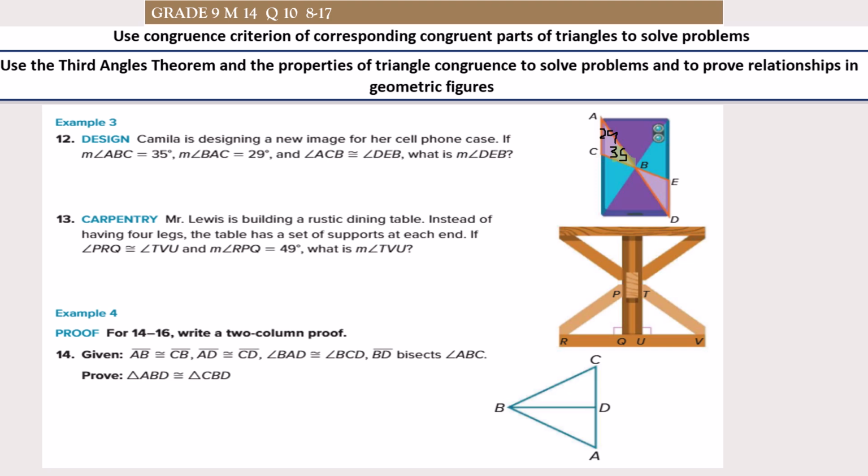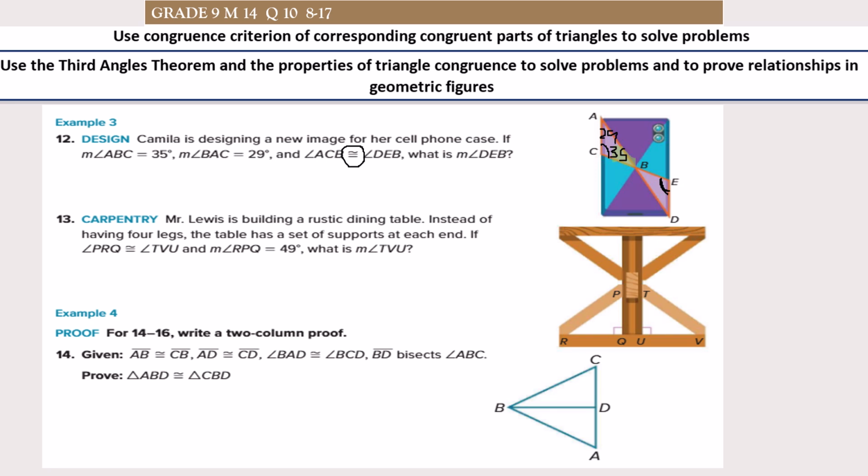And then they give you angle ACB is congruent to, this is our congruent sign, angle DEB. So this is the angle which it is congruent to.